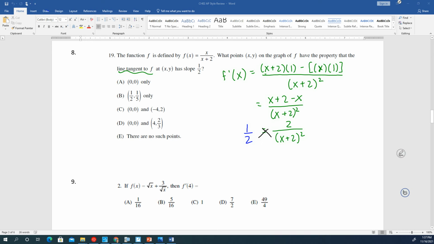You could do a lot of different things. Yeah, this is probably easiest. Cross multiply. Solving for x, I'd square root both sides. Don't forget about plus or minus. So we get plus or minus 2 equals x plus 2. Subtract over 2.